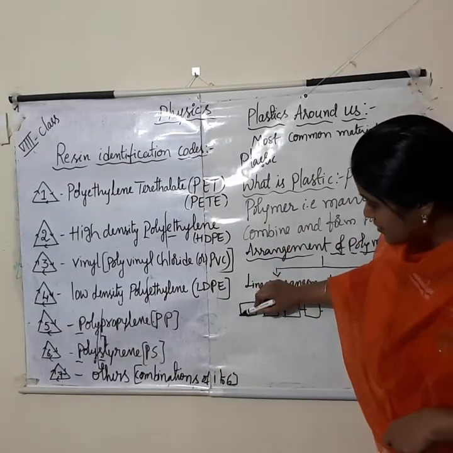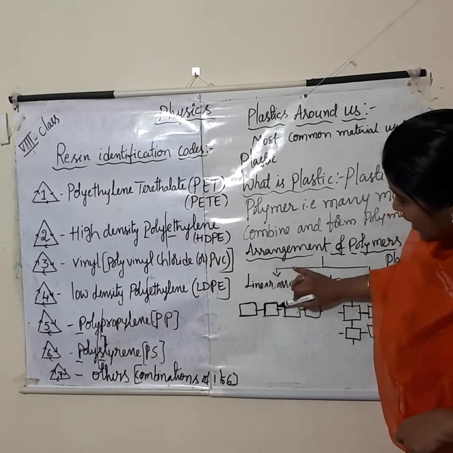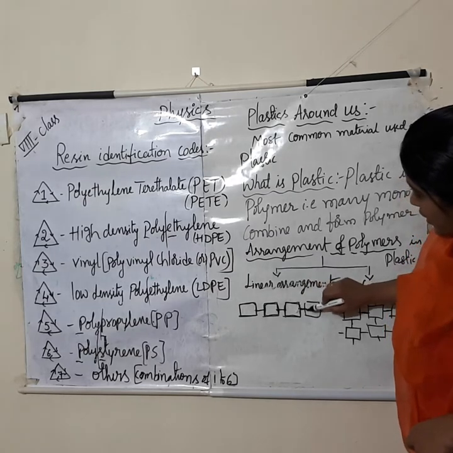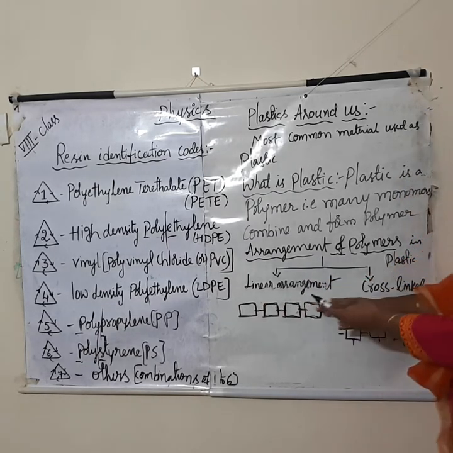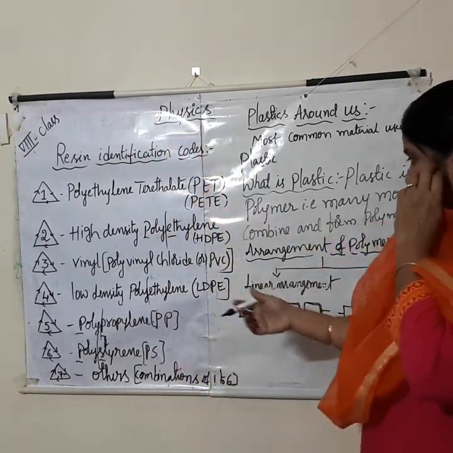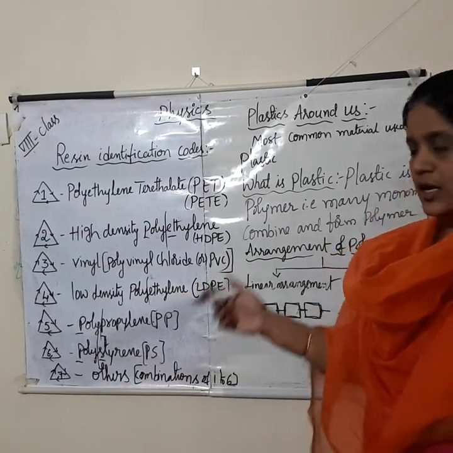Suppose this is a monomer, and these monomers attach side by side like this. This type of arrangement we call a linear arrangement. Like this, many monomers are joined and form a long chain. That arrangement we call a linear arrangement.